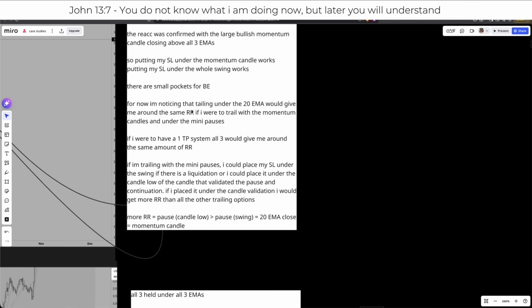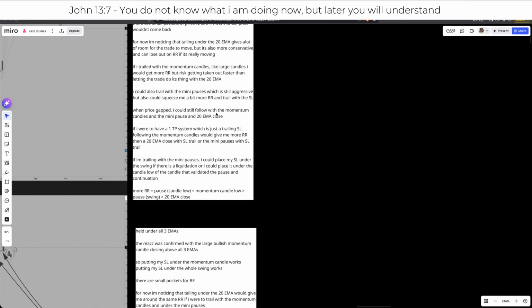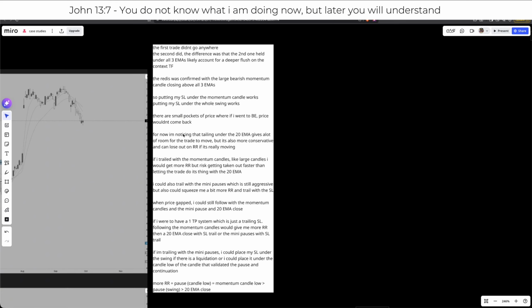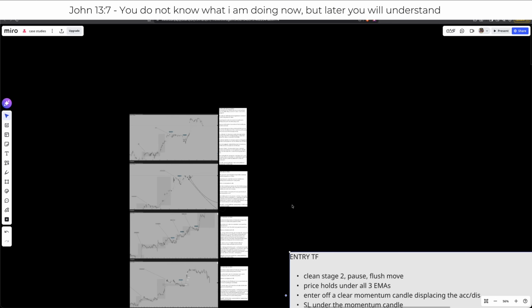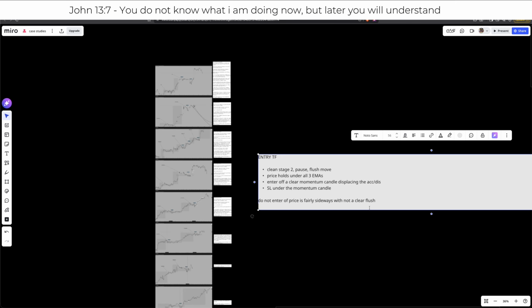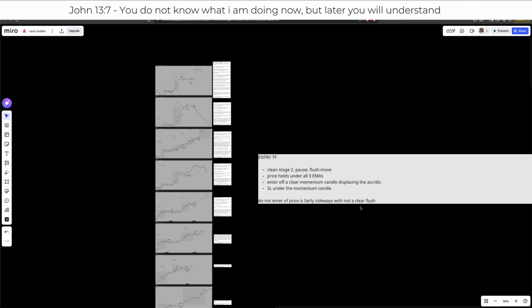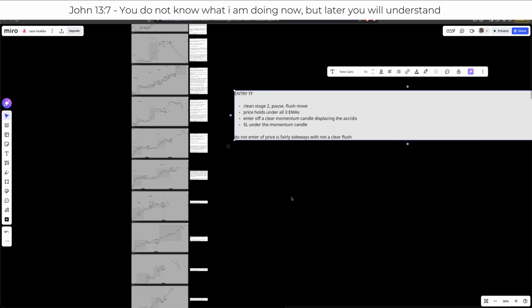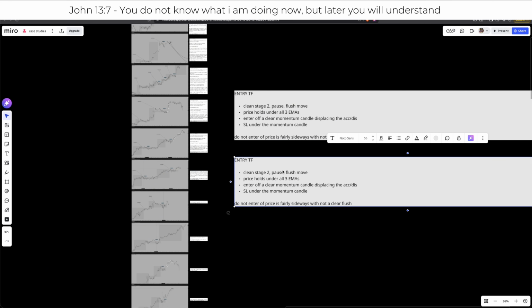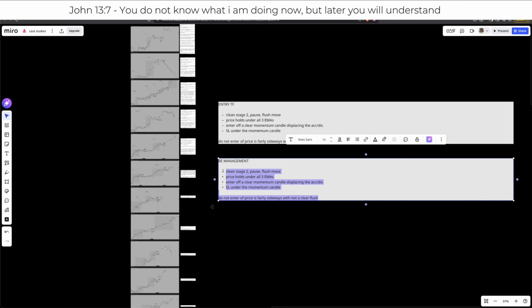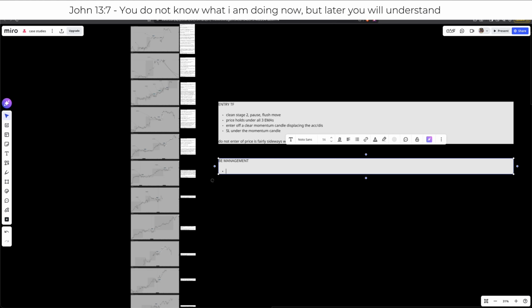Yeah, we're just gonna do that. That's basically how I'm gonna enter. And then based off the trade management, we'll do break-even management first. So you trail the stop loss.